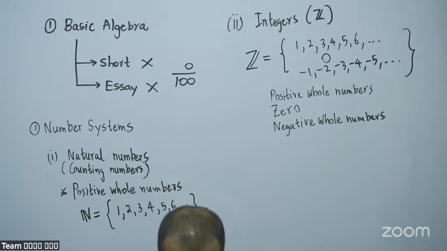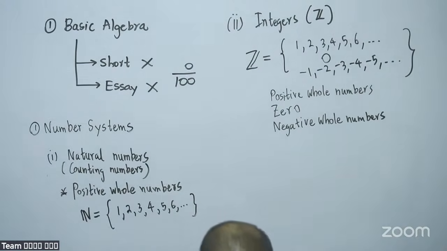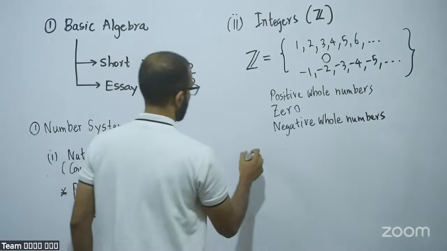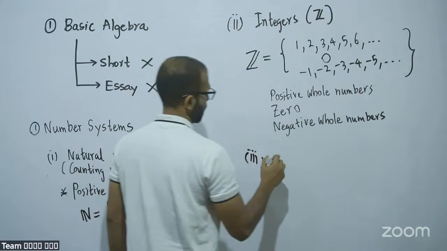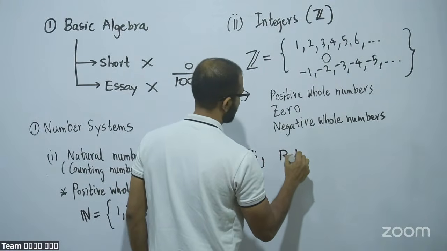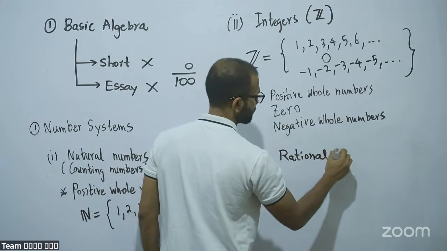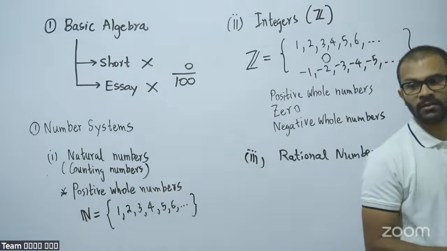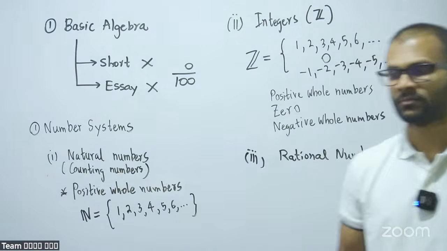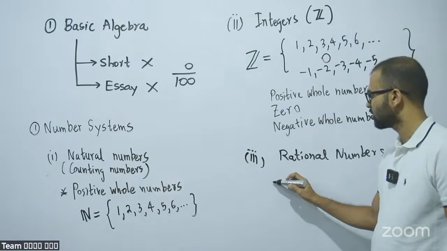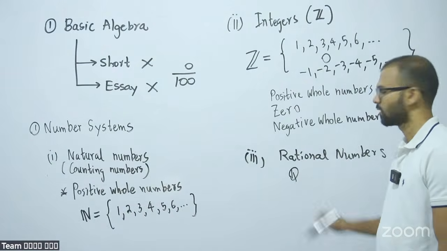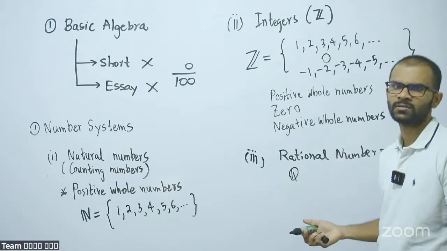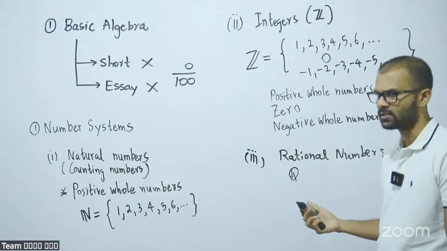Now we have to move to the third one. Rational numbers. So what are rational numbers? The notation is Q. Q for quotient, ratio between some integers.